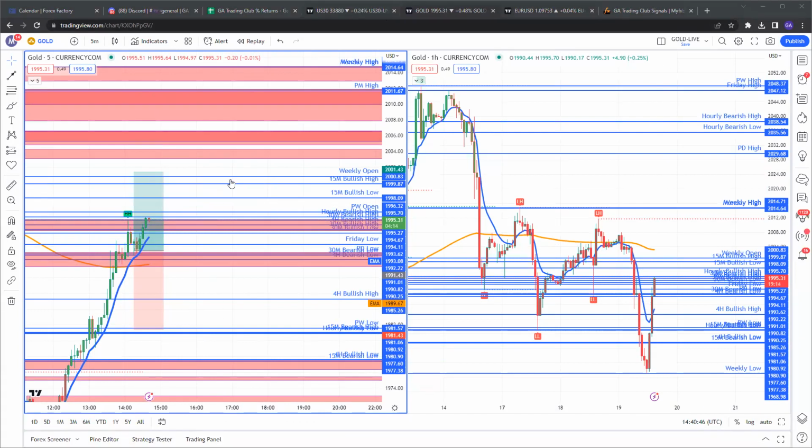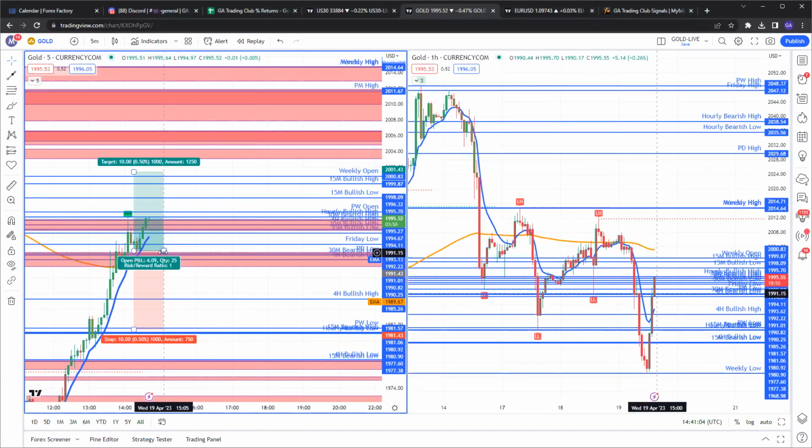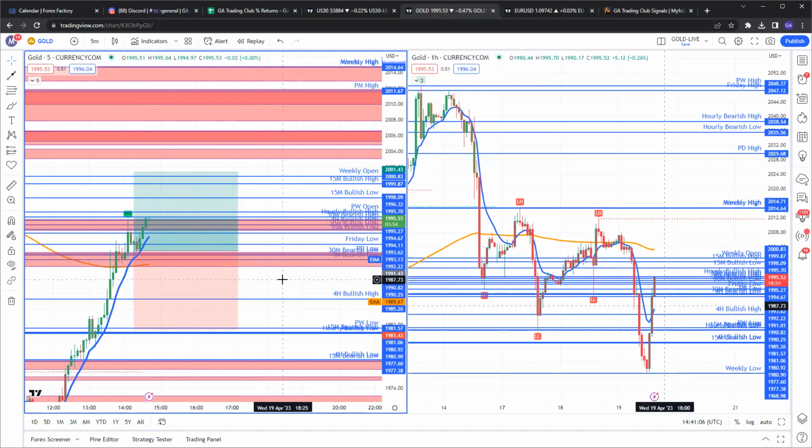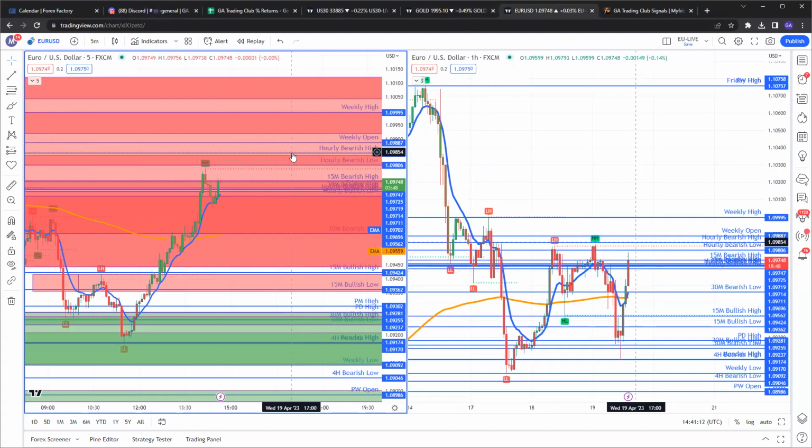US 30, this second trade, is just a personal trade that I took, but I did say that I don't like this uptrend to the upside. Looks like today I might just be in and out at break even. Today markets are just ranging, but this gold trade is definitely still valid, a no drawdown trade. I'm glad we are back to those no drawdown trades. I've been tired of seeing drawdown on some of these trades.